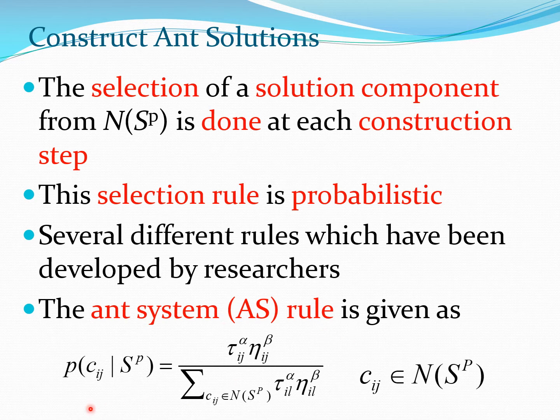Essentially what this is telling you is that the probability of selection of a certain value is going to be this particular ratio, where again you recall that tau are the pheromone values, and this is the summation of the quantity here.